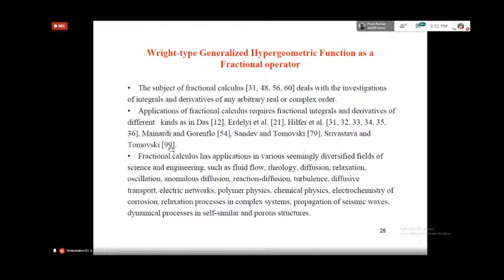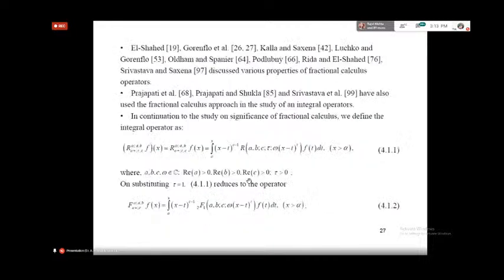This was the other work on our function, the methods of the function, and this also plays a very important role in fractional calculus in science and engineering: fluid flow, relaxation, oscillation, many differential equations, diffusion equations, chemical reactions, and so on, and the propagation of seismic waves and dynamic processes.